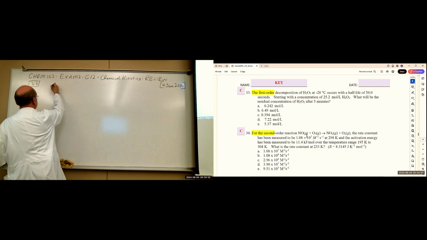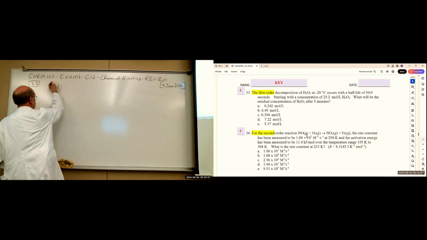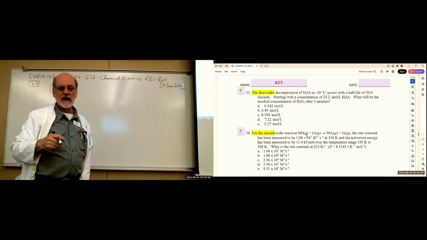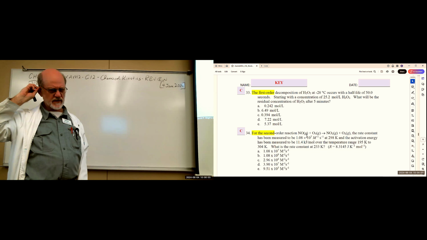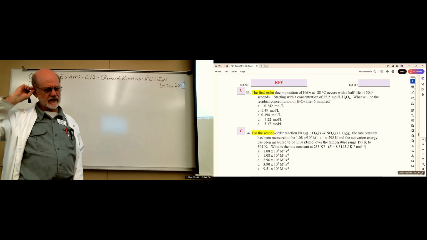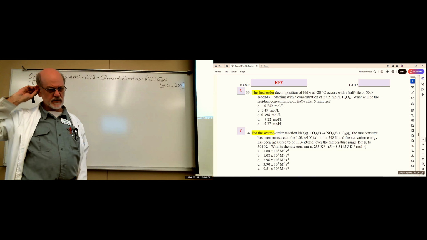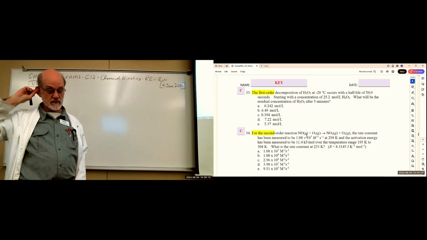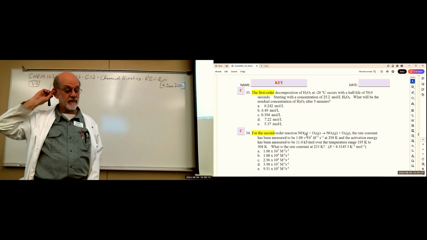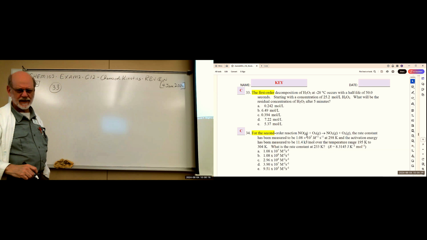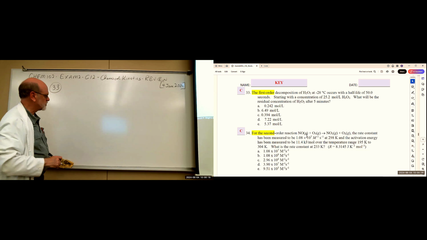Number 33. First order decomposition of hydrogen peroxide at minus 28 degrees occurs with a half-life of 50 seconds. Starting with a concentration of 25.2, what will be the residual concentration of H2O2 after 5 minutes? Okay, I like to put this on the board.